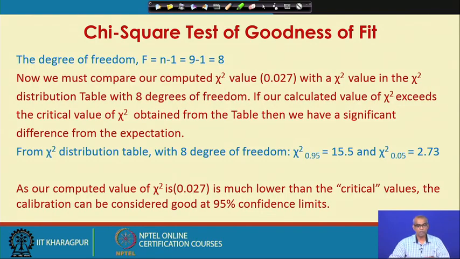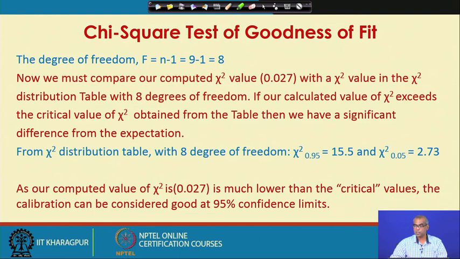The degrees of freedom here is the number of groups of observations minus 1, which is 9 minus 1 equal to 8. Now, we must compare our computed chi-square value, which is 0.027, with the chi-square value in the chi-square distribution table with 8 degrees of freedom.